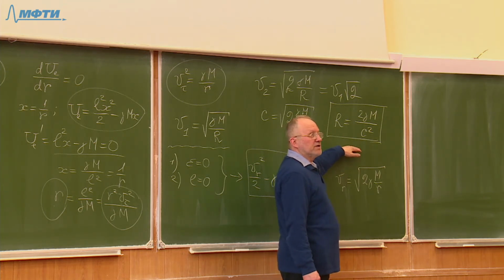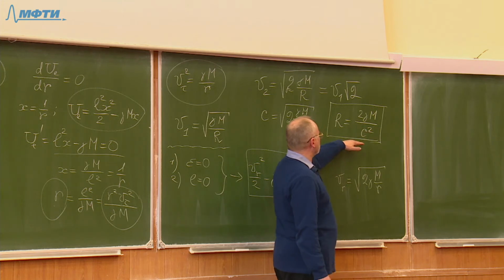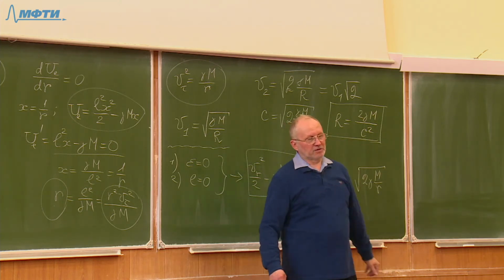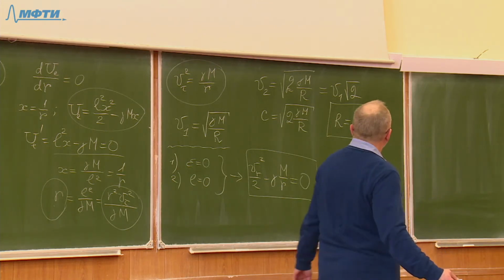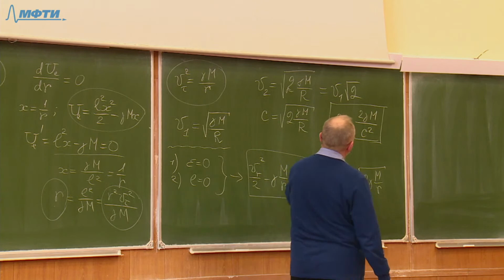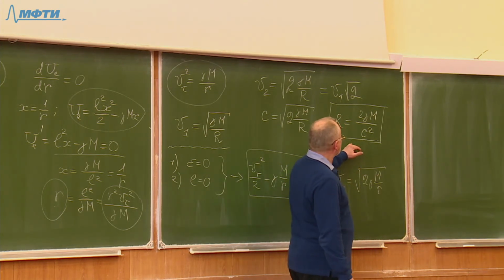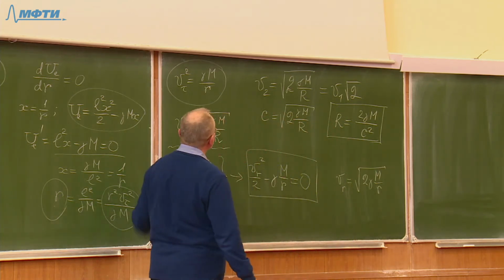It's very interesting that the classical approach produces the correct result, the same result which is produced by the general theory of relativity, which was created by Albert Einstein. So that is the correct formula, which is in compliance with modern theory, regardless of the fact that this formula was obtained using the simple classical approach.